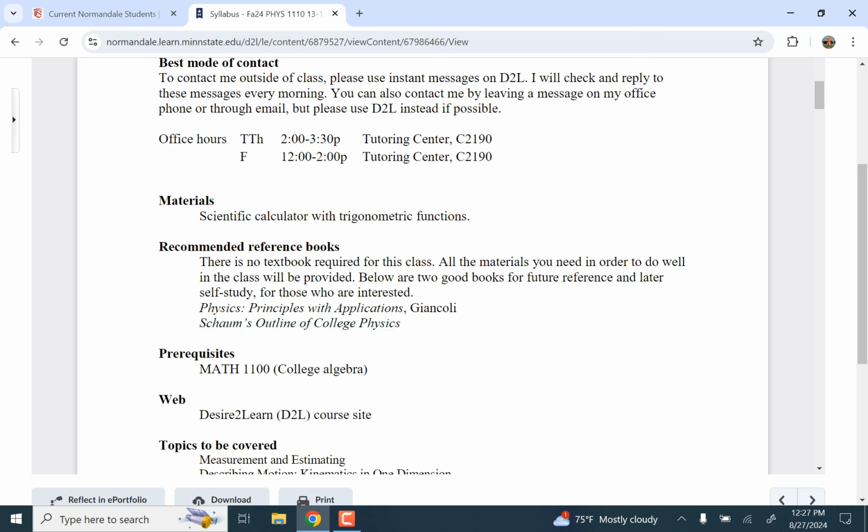And so $20 isn't very much for any book, but also if you just Google Schaum's Outline of College Physics, there's a good chance that somewhere you'll find a posted PDF of it for free. I mean, it's not legal really, but it's not a big deal. I've never been arrested for looking at anything like that.